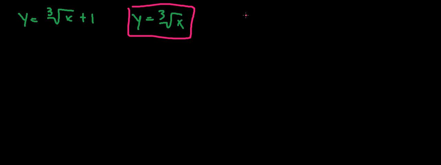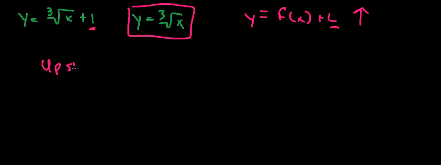That's very much like y is equal to f of x plus c, which means we have a vertical shift up by c units, and we go over to c and we see c is 1. So we say there's an upshift of 1. So let's graph this.